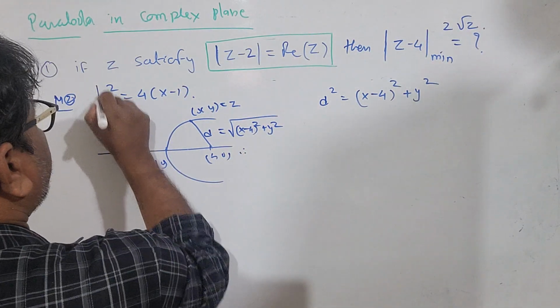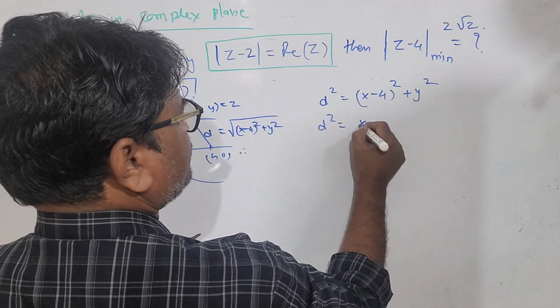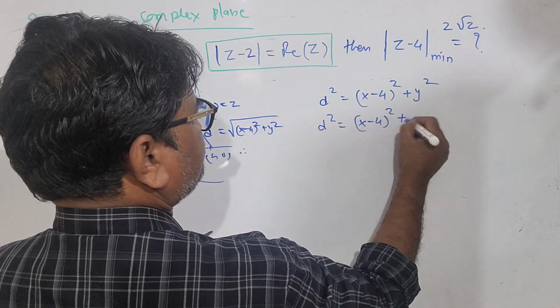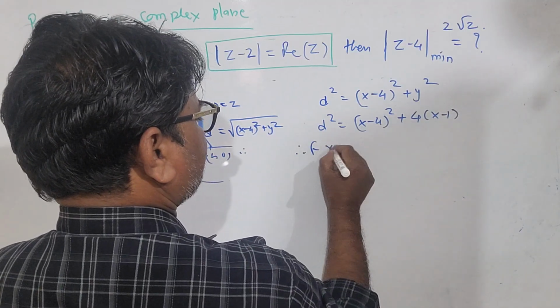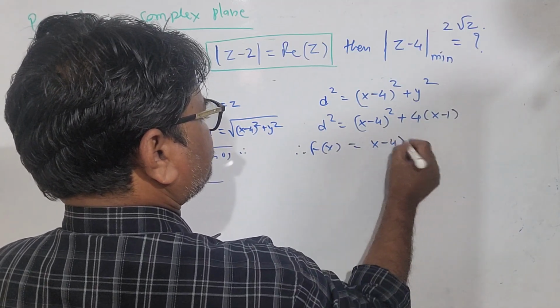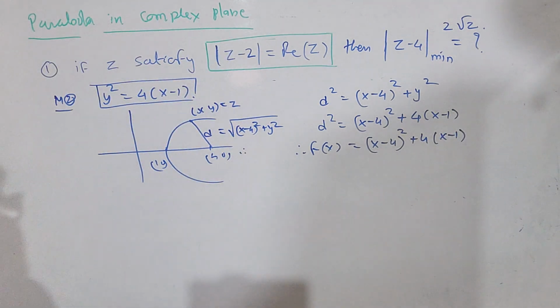So y square I can put from here. So d square equal to (x minus 4) whole square plus 4 into (x minus 1). So this is your function f(x) equal to (x minus 4) whole square plus 4 into (x minus 1). This function has to be minimized.